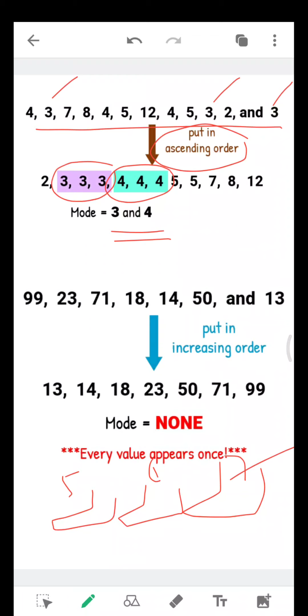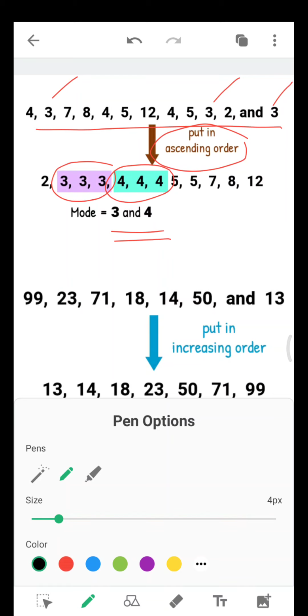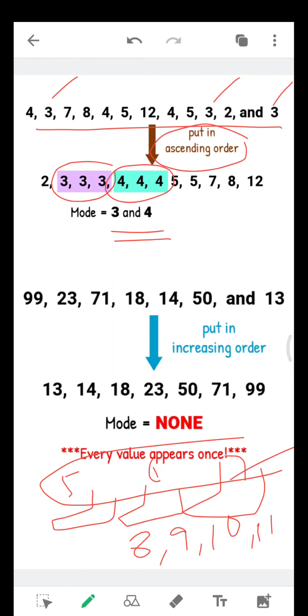We'll have 8 also, 9 also, 10 and 11 also. But do you think all these shoes are sold in the same quantity?